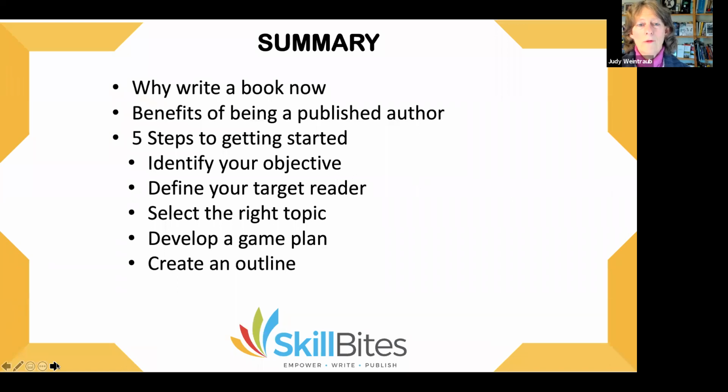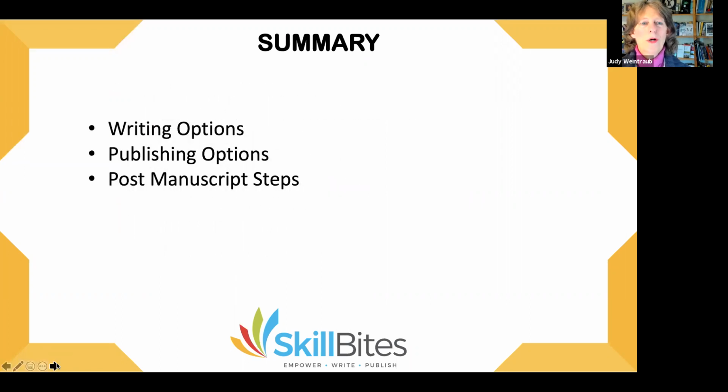We talked about 4 writing options. Next slide, please. We talked about speaking your book, staging your book, getting a ghostwriter for your book, and not spending your time polishing it, but relying on an editor to do that. We also covered the 3 main publishing options of traditional, self-publishing, and assisted or hybrid publishing.